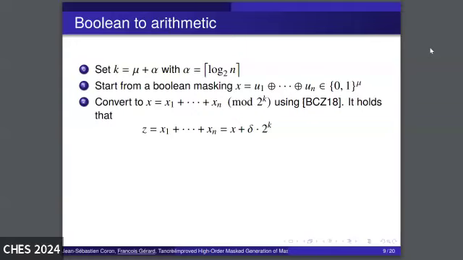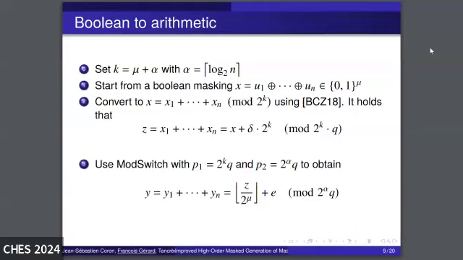So if this holds in the integers, then it holds mod 2^k q. And this is where we use our first tool, the modulus switching. We switch from a k-bit shift of q to an alpha shift of q.